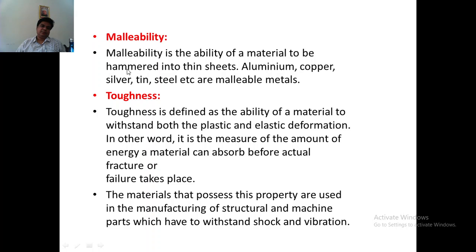For example, hammering: you are applying force at different points on the material, in all parts of it, so it deforms plastically in all directions, and we get thin sheets. We might have used aluminum sheets, copper sheets, steel sheets. That property which allows metals or alloys to be converted into sheets by applying forces is called malleability.